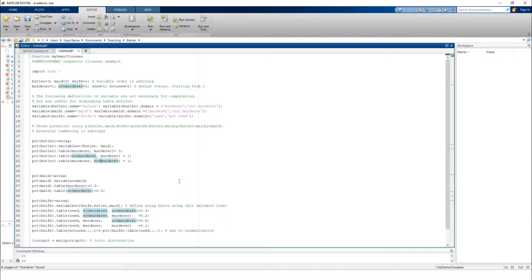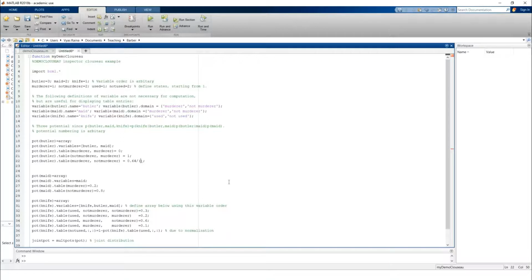For this we can use Bayes' rule, so we can say that this is equal to the probability of the butler being a murderer and the maid being not murderer, which is 0.64 if you recall. I'll write that down here. Divided by the probability of the maid being not murderer.